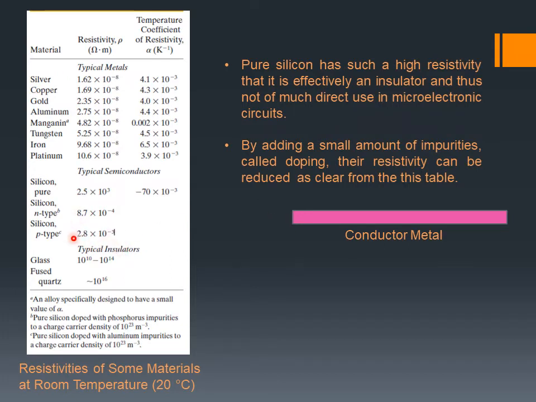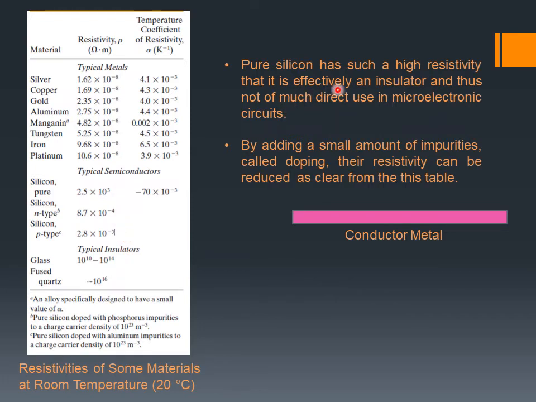In the second case, in the p-type, what is added? Aluminium impurities are added. So it means to reduce the resistivity of the semiconductors, what do we do? We add some other impurities.